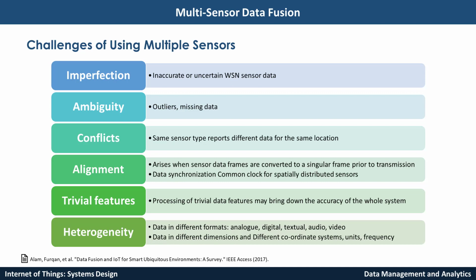The next challenge is the alignment. Previously, I talked about the importance of having sensor data annotated with space and time, because when you're analyzing the data, space and time are very important, because you need to align them together. So all the data related to a particular location, when you are processing, you need to know at what point the data points were collected.